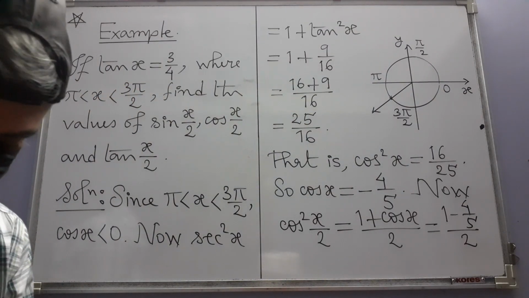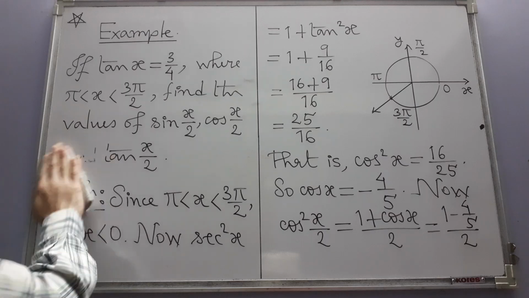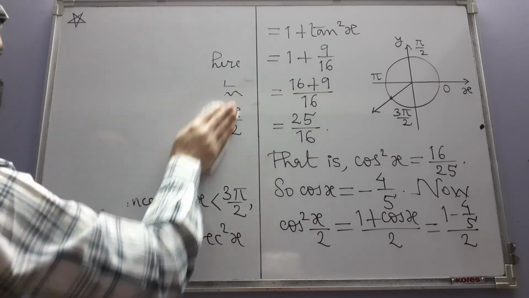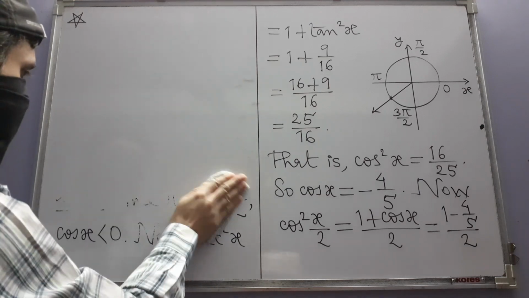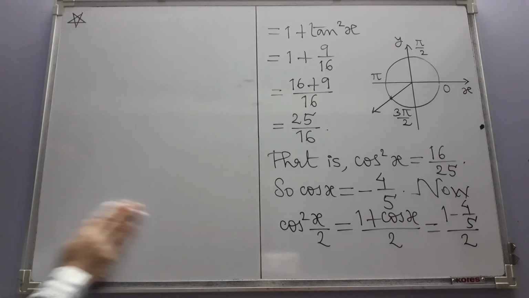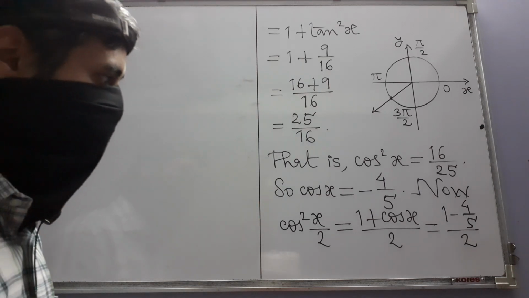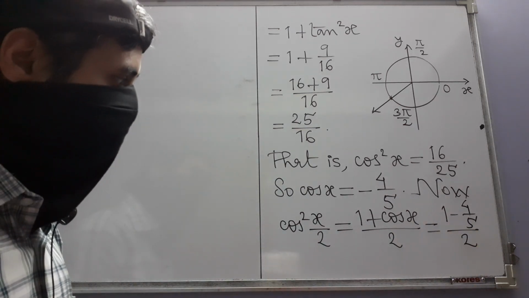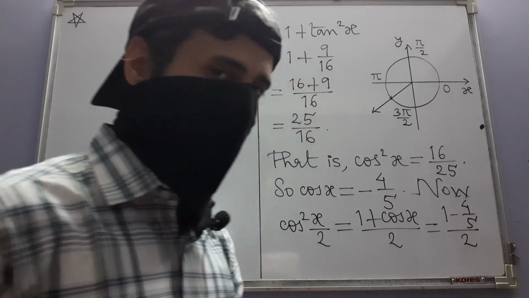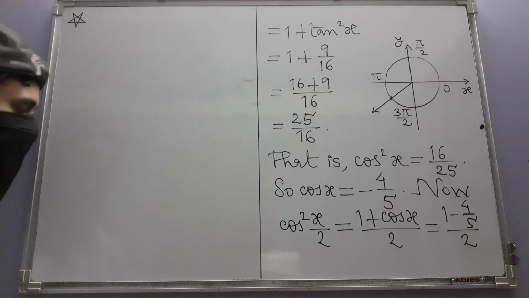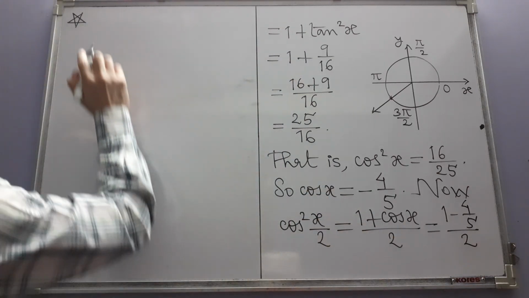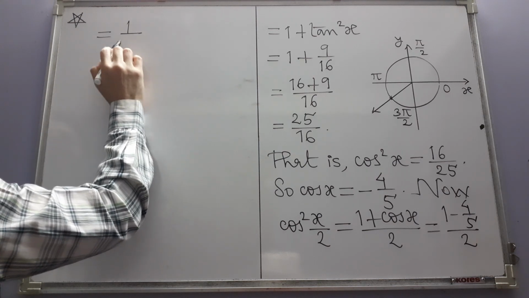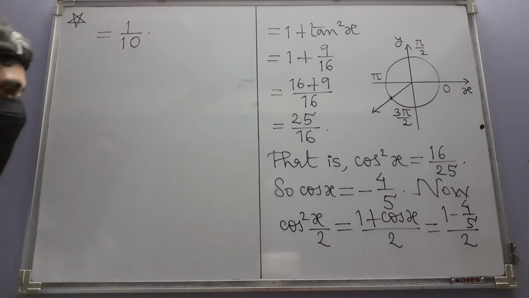So what are we going to get from this? 5 minus 4 is going to be 1, and that means 1 divided by 5, divided by 2. So this is equal to 1 divided by 10.